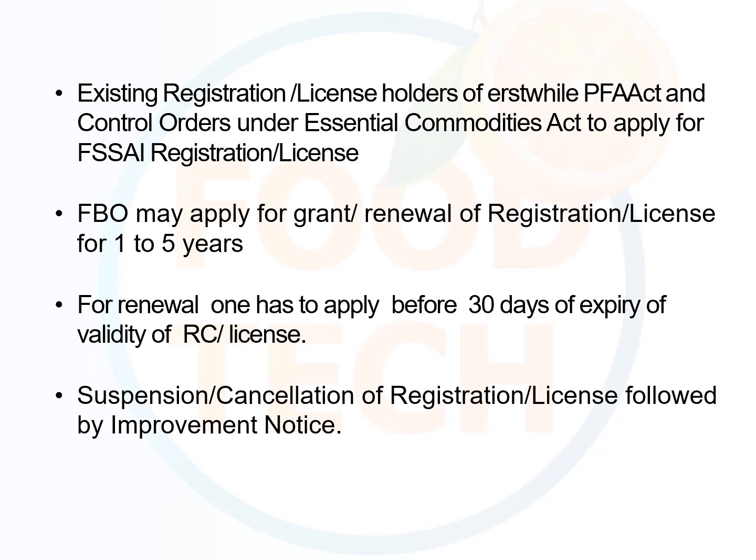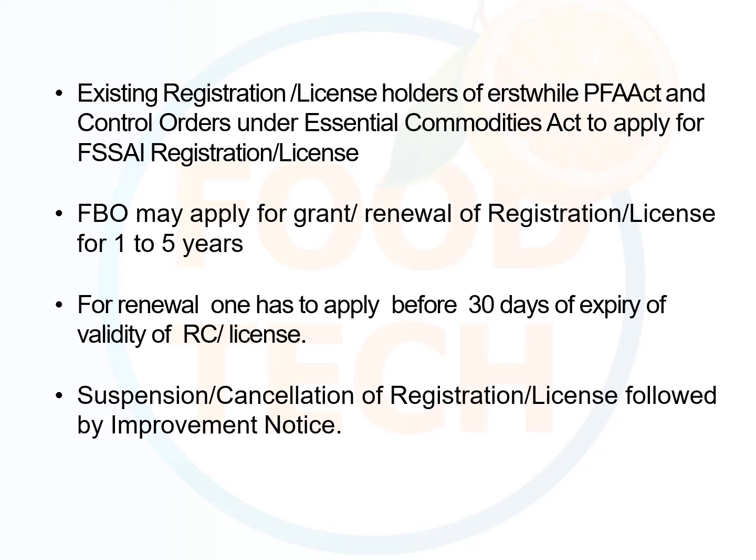And the renewal of license time period is from 1 to 5 years. Once the FBO, that is the food business operator, has to apply for the renewal, one has to apply before 30 days of expiry, like 1 month earlier before the license expires.